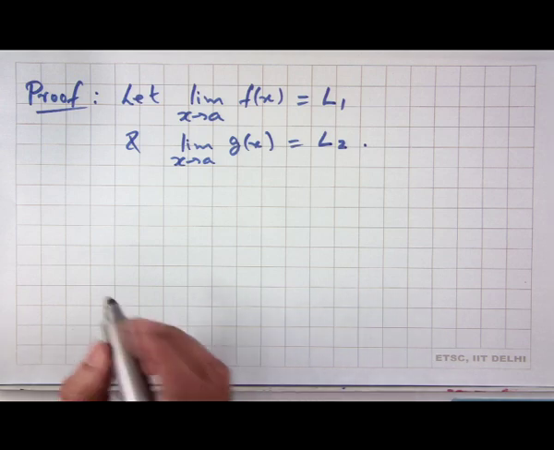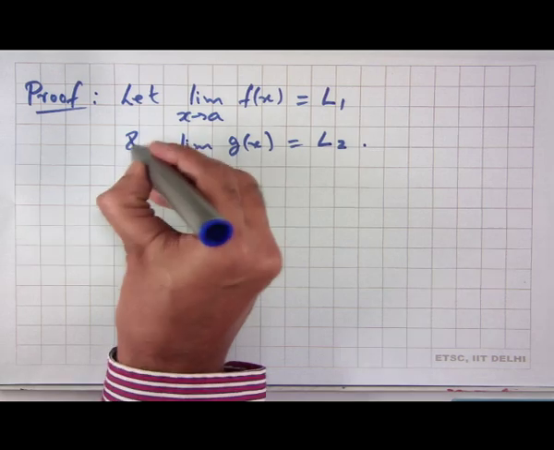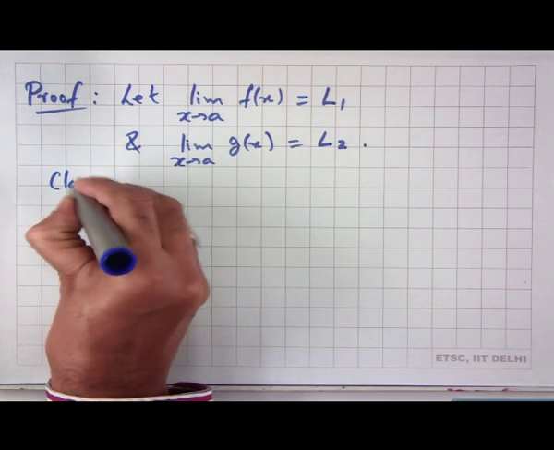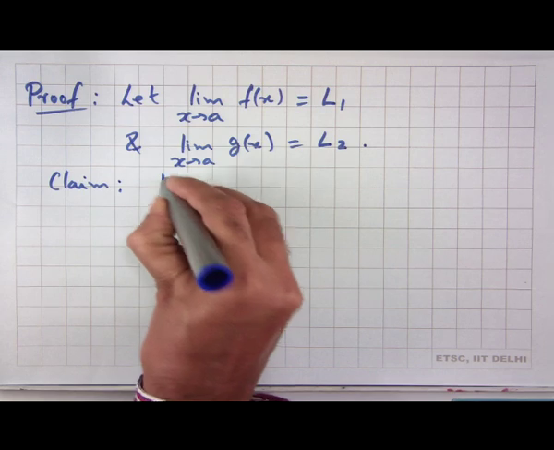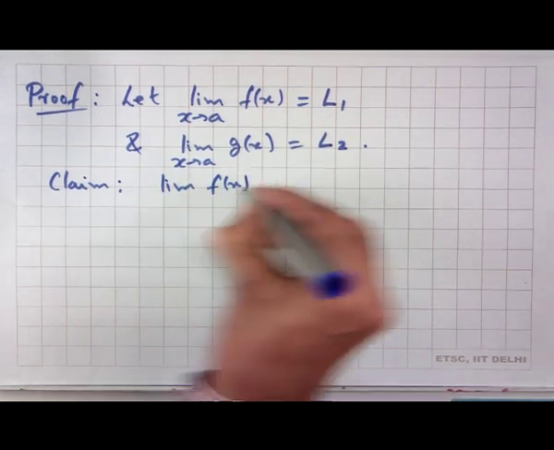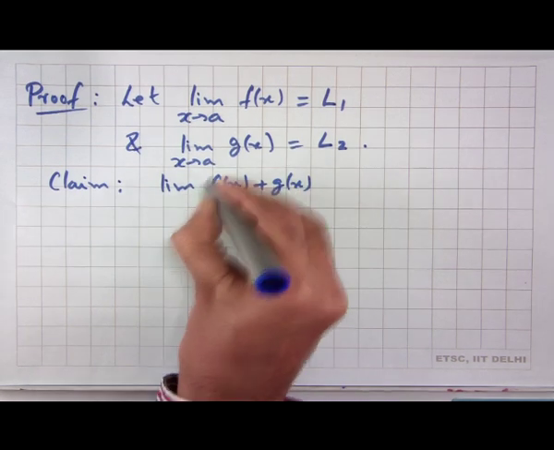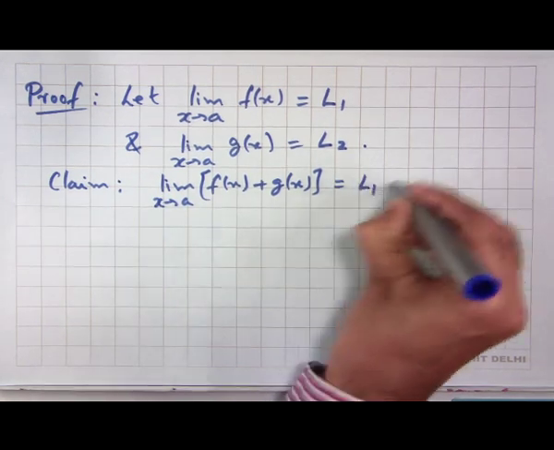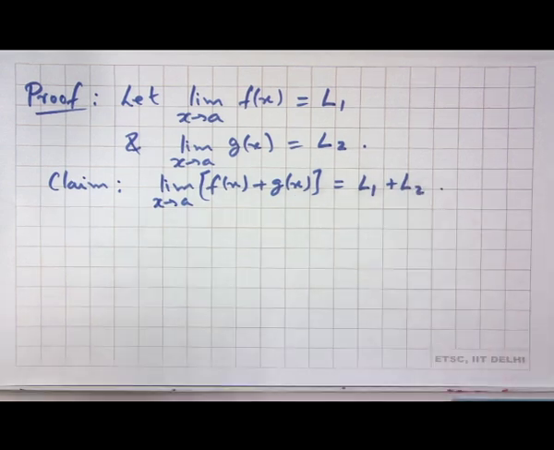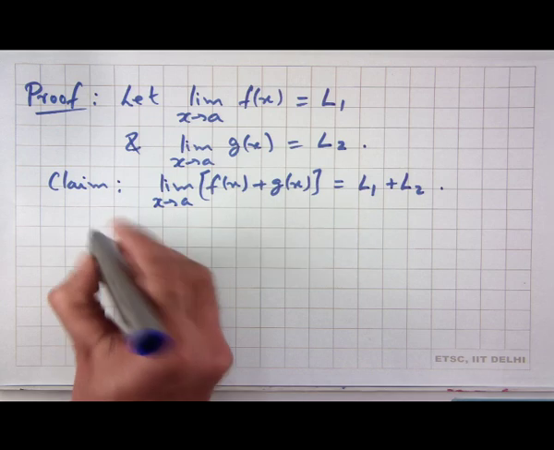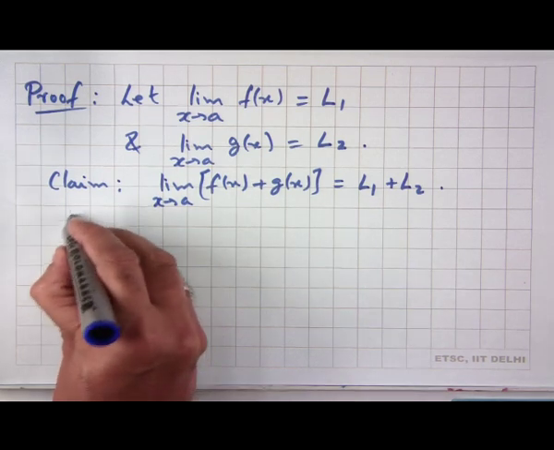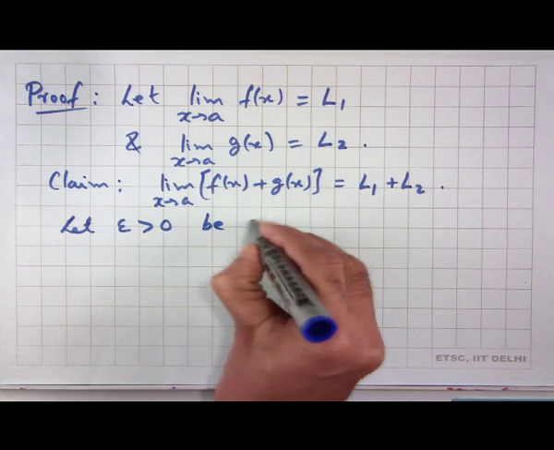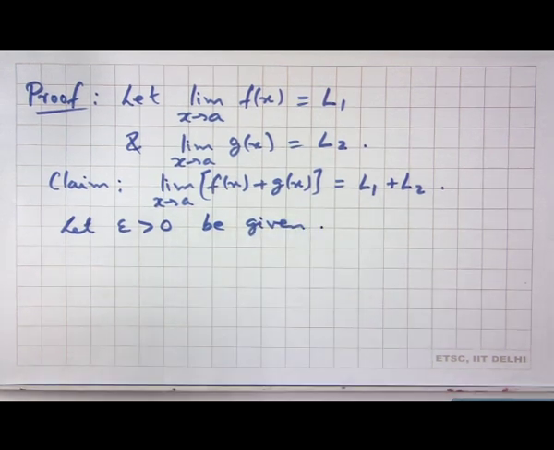So, by using the definition, to show what we want to show, the claim is that limit of f x plus g x as x tends to a is equal to L 1 plus L 2. So, to show this, we need to find a delta. So, let epsilon greater than 0 be given. We need to find a delta.